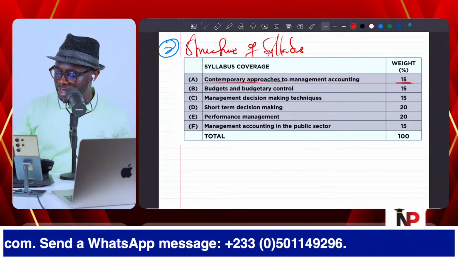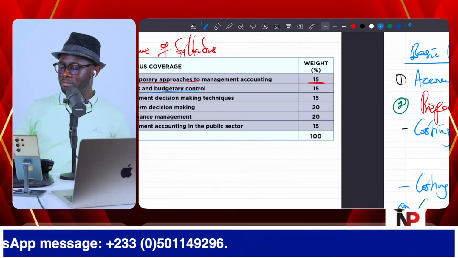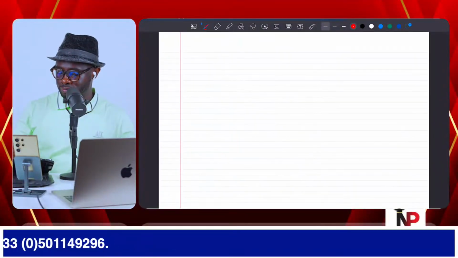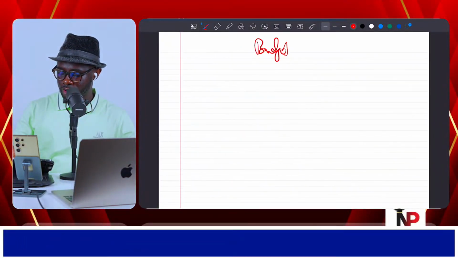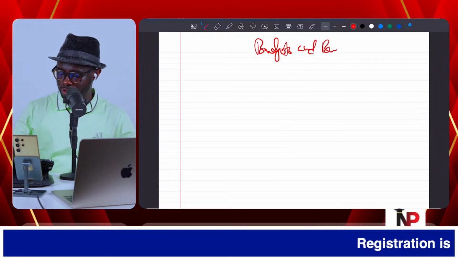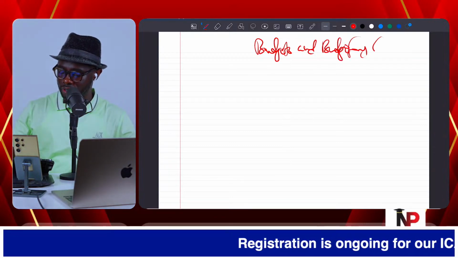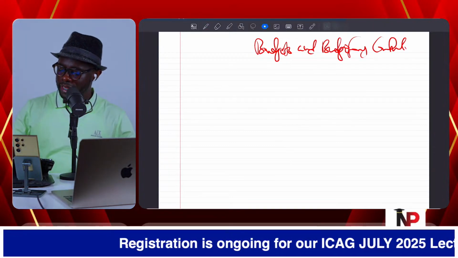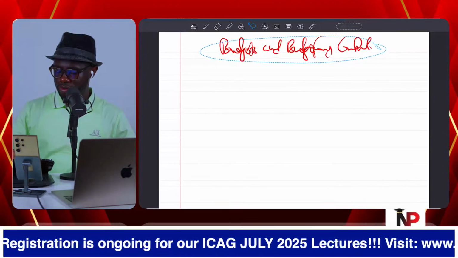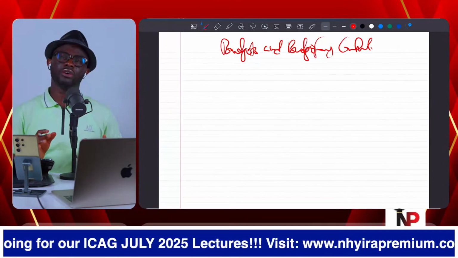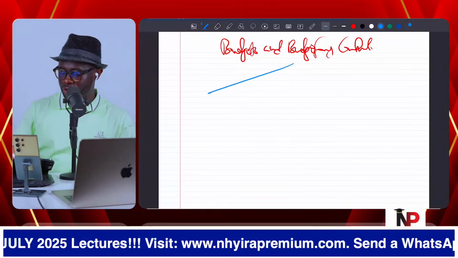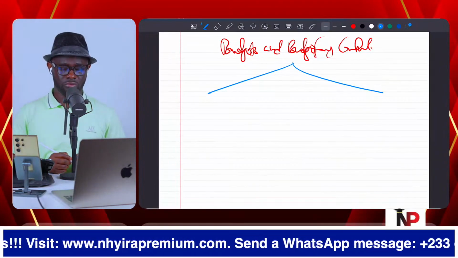The next is budgeting or budget and budgetary control. Okay, budget and budgetary control. That's the second part of the syllabus. This area also, in my opinion, is divided into 2 major groups.